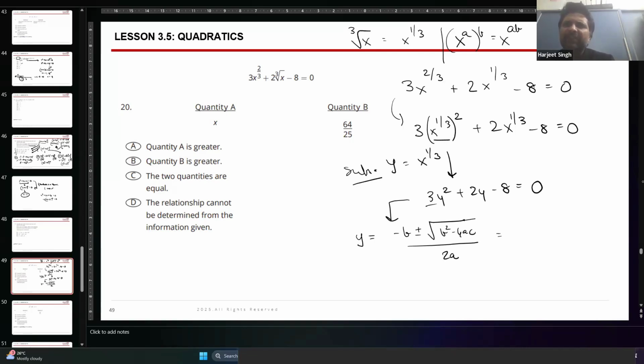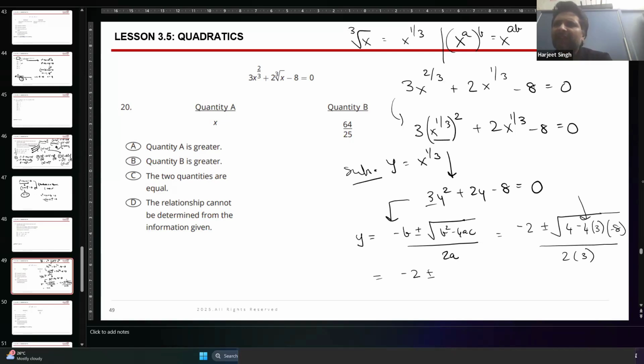So let's substitute. b is equal to 2. So we have minus 2 plus minus root of b square, which is 4, minus 4 into a which is 3, into c, which is minus 8, divided by 2a, and a is 3. So when I simplify, y is equal to minus 2 plus minus, inside the root minus minus will become plus.